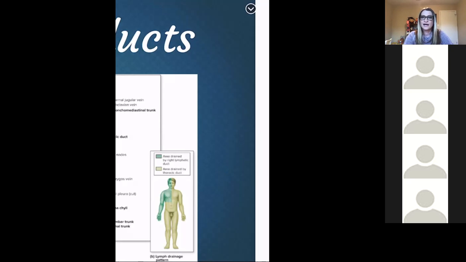One thing I didn't mention about the lymphatic vessels in general is that they have valves. They resemble veins. So lymphatic vessels in general are going to look very, very similar to your veins. They're going to have all those three tunics that we saw in the veins. They're going to have a large lumen, and they also will have valves.